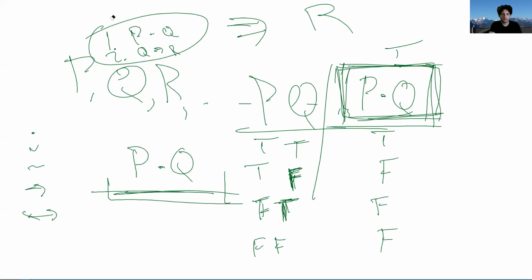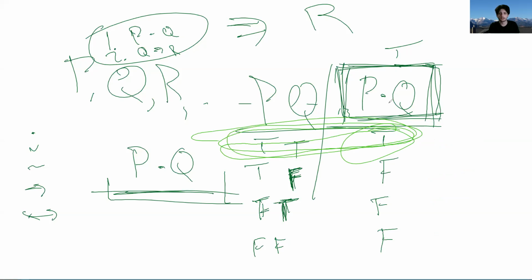Because we have an and right here, and because we're assuming that this conjunction is true, we know we're in this world, which means we know something about either side, right? So the idea is if you ever start off with an and as a premise, the first rule we'll see right now is called simplification, which says if you ever have this as a premise, then you can immediately deduce just any one statement.